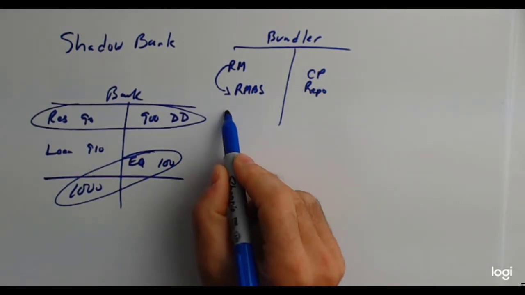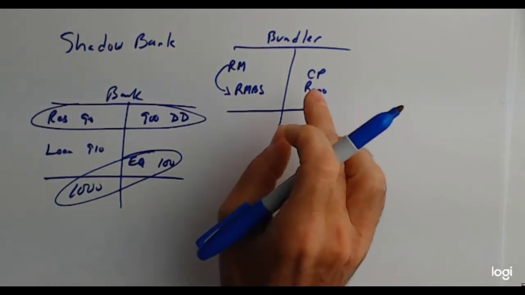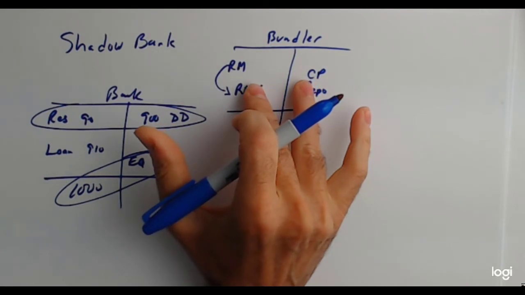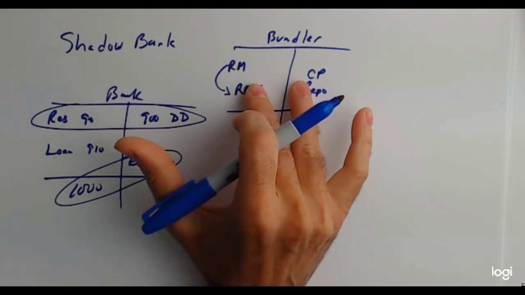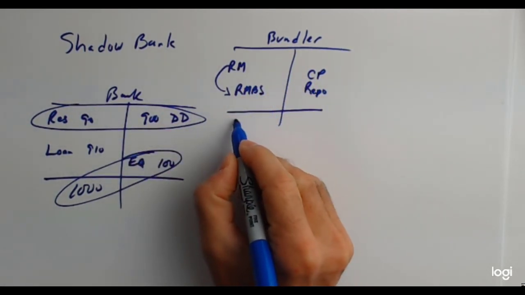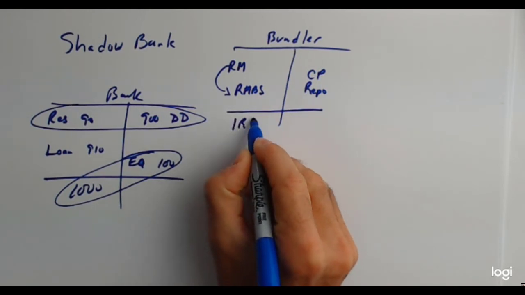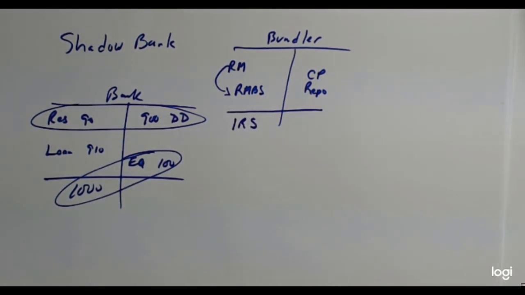So what these institutions do is they do two things to try to balance this out in terms of interest rate risk and sensitivity. One is they employ interest rate swaps. Interest rate swaps are not part of this course, but are part of financial engineering.